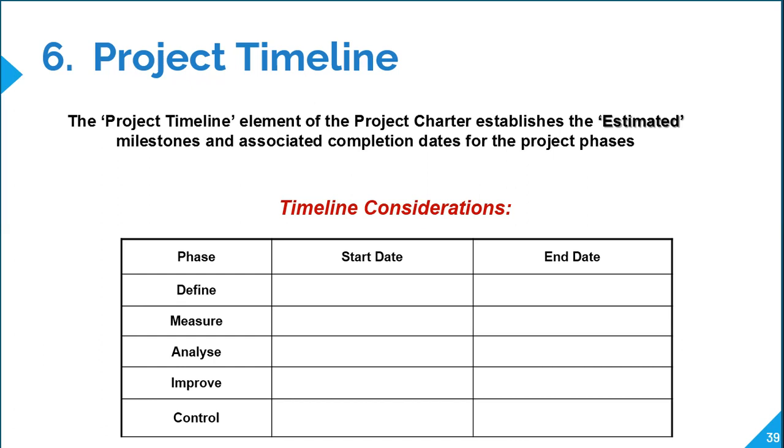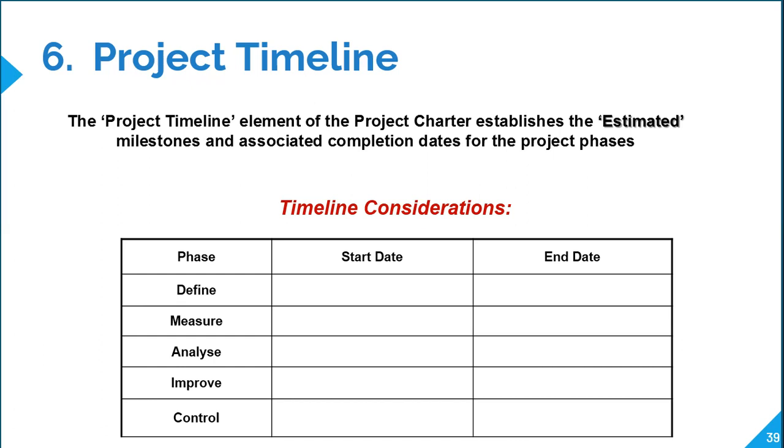So when are we going to start the define phase, an estimated timeline, and when are we going to finish the define phase? When are we going to start the measure phase? When are we going to finish the measure phase? Likewise, we are supposed to mention the estimated timeline to start and complete a given phase.